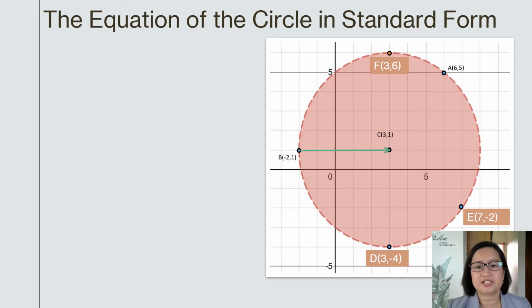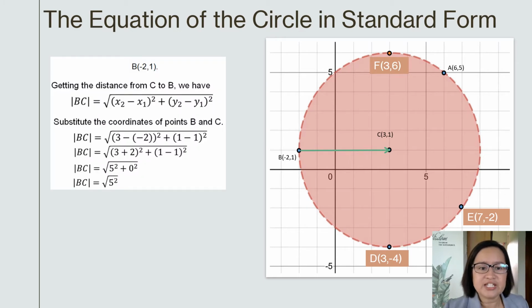Yes, there is. We can use the distance formula. Getting the distance from C to B, the distance of B to C is equal to the square root of (x₂ − x₁)² + (y₂ − y₁)².